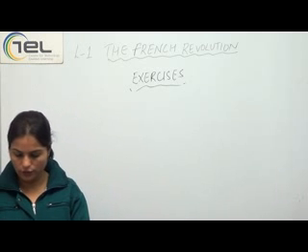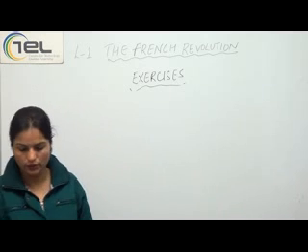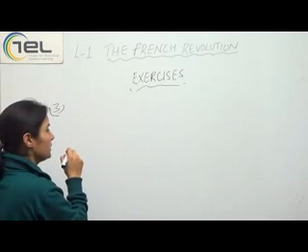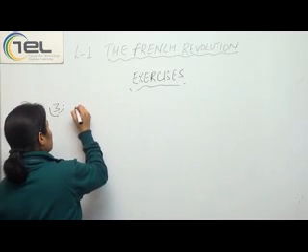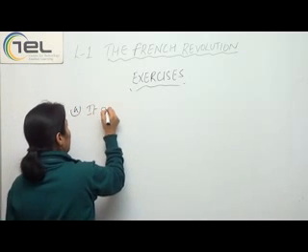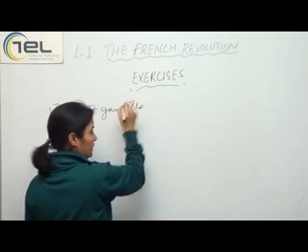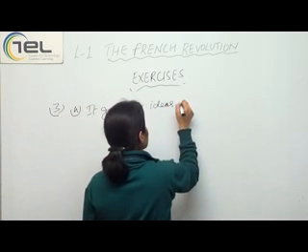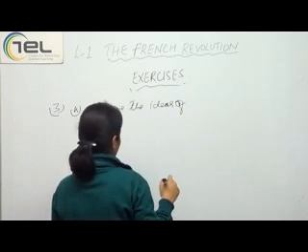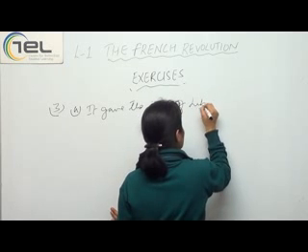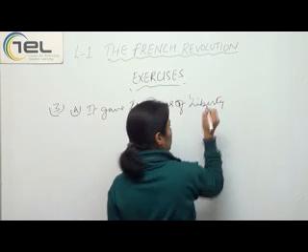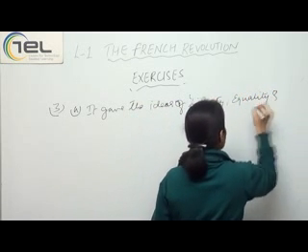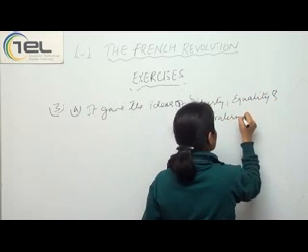Describe the legacy of the French Revolution for the peoples of the world during the 19th and 20th century. Third question. First, it gave the ideas of liberty, equality and fraternity.